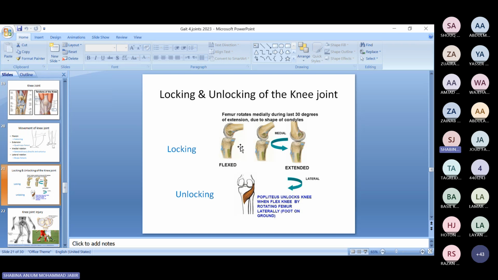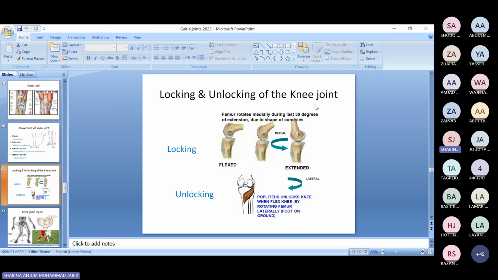Why? Because the lower part of the femur is not even. Both the condyles are not of the same size. Now you want to stand in the fully extended position, but your condyles are not of similar size. So what do you have to do?